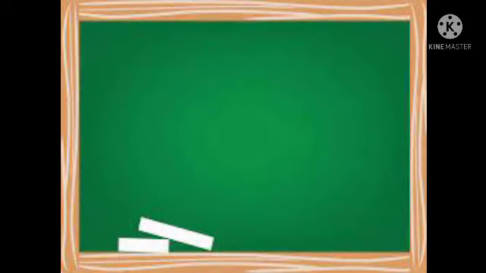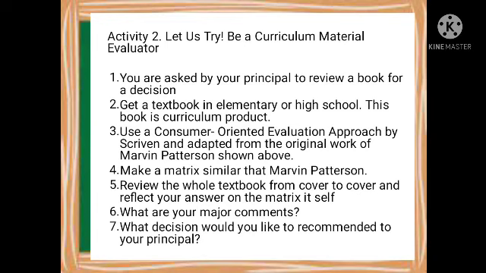In Activity 2, let us try to be a curriculum material evaluator. First, you are asked by your principal to review a book for a decision. Second, get a book in elementary or high school. This book is a curriculum product. Third, use a consumer-oriented evaluation approach by Scriven, adapted from the original work of Marvin Patterson shown above.